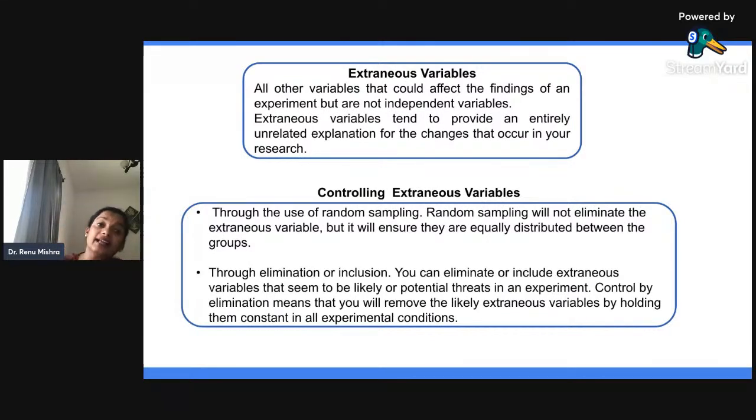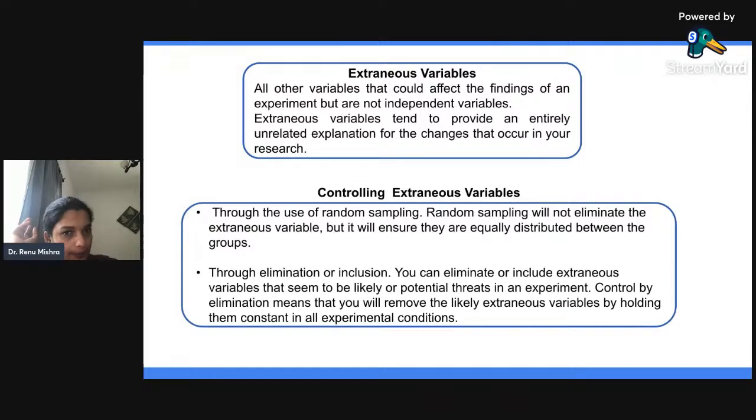We can't say that every research will not have them either, because these variables are actually not depicted by the researcher, but they definitely affect and impact the findings of your research.